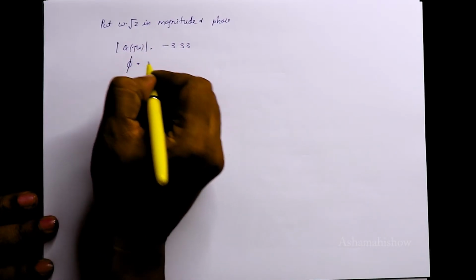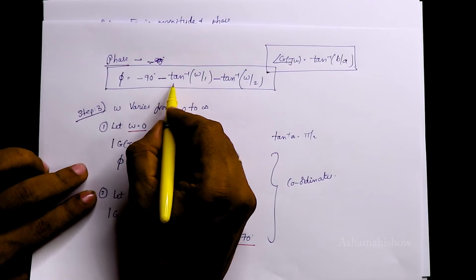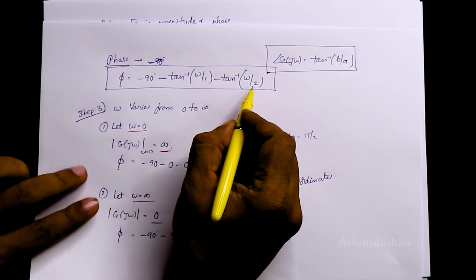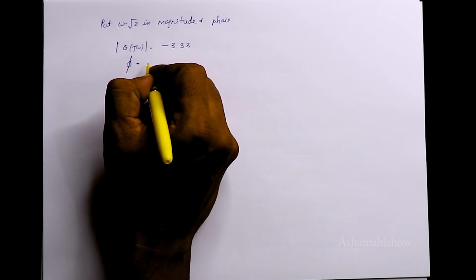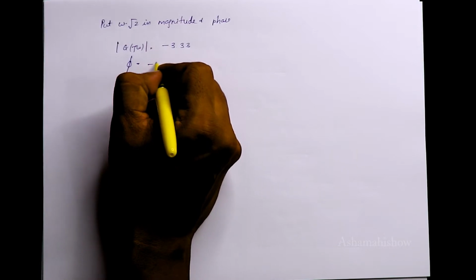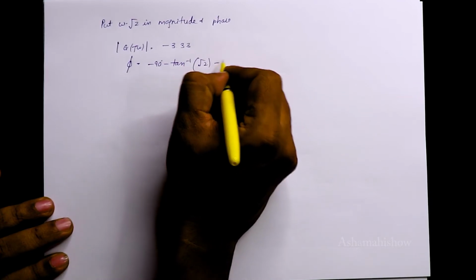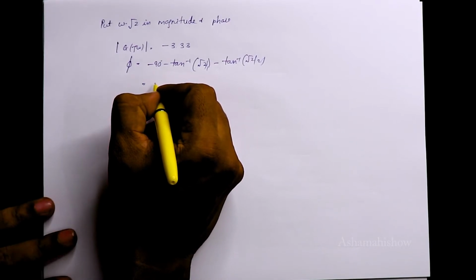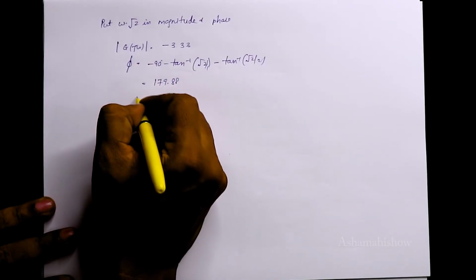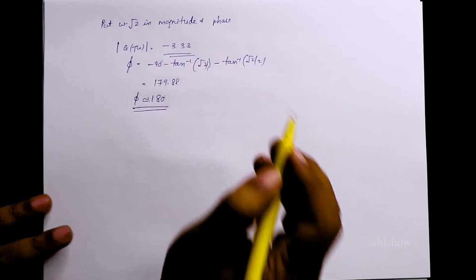The phase formula is this. Put omega equal to root 2 in this phase and you'll get the answer. Phi is equal to minus 90 minus tan inverse root 2 by 1 minus tan inverse root 2 by 2. If you solve it, it becomes 179.88, which is approximately equal to 180 degrees. So these are the values we get.